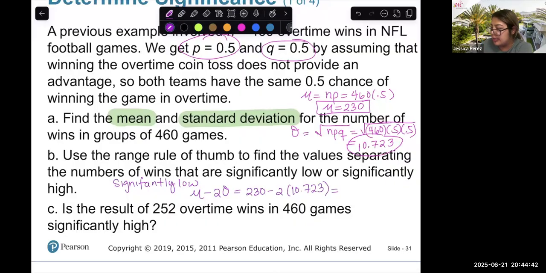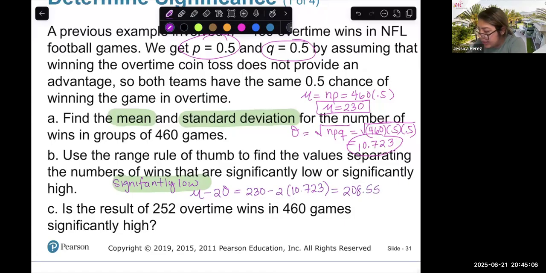That's going to be my significantly low value. So let's plug that in: 230 minus 2 times 10.723.